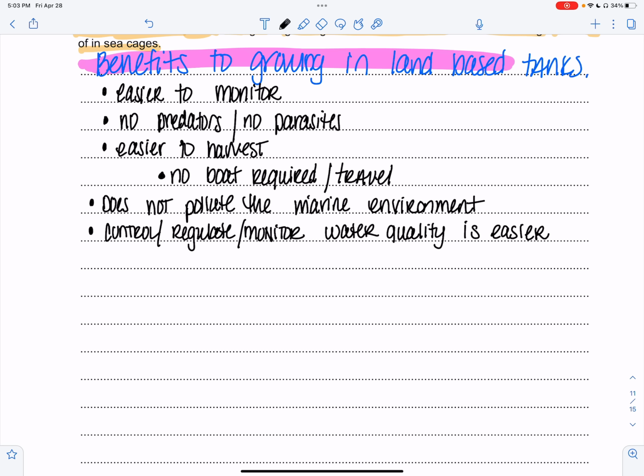I mean, absolutely, there is no controlling the water quality if they're growing in sea cages, but with sea cages, you don't have to pay for the water there, and the electricity or energy use is very minimal. Maybe it's just the energy to go out there on a boat. There is no fish escape.